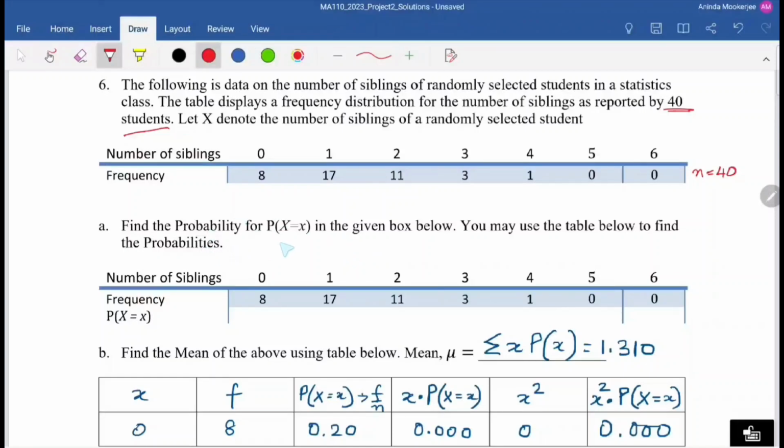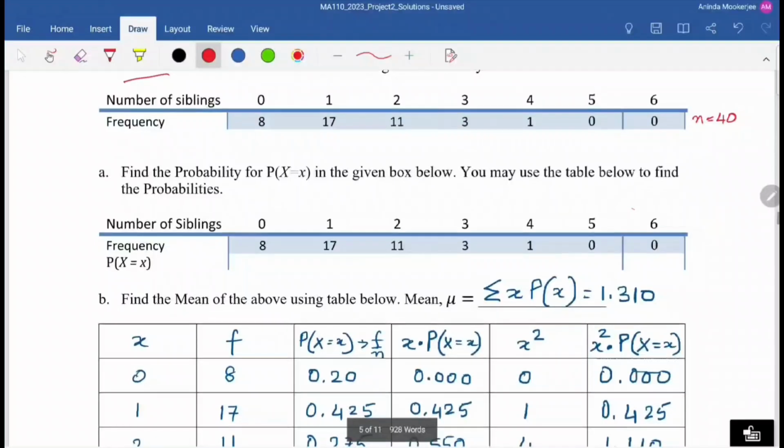So it says we have to find the different probabilities for this entire table. You may use the table below to find the probabilities. So P of X equals small x, right?